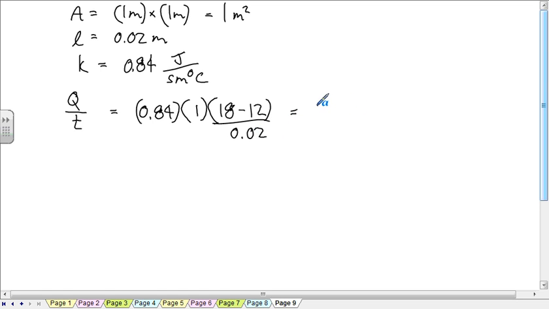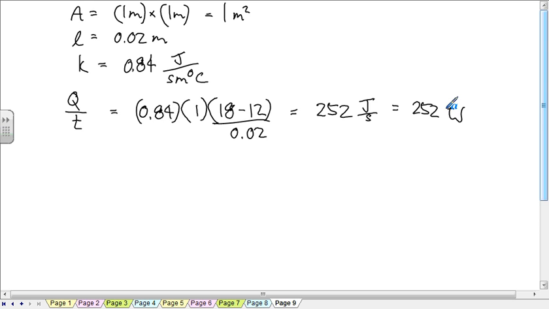And that gives you 252. What are the units going to be on this? Joules per second, everything's in SI units. And what's another way of writing joules per second? Joules per second just has its own name. Watts, yep.